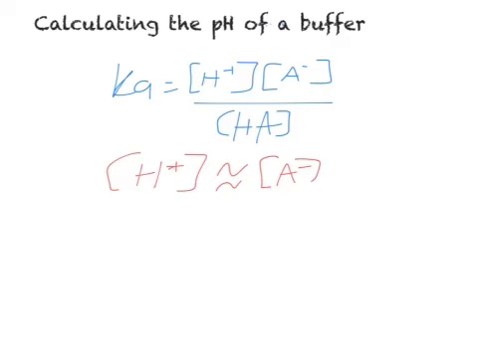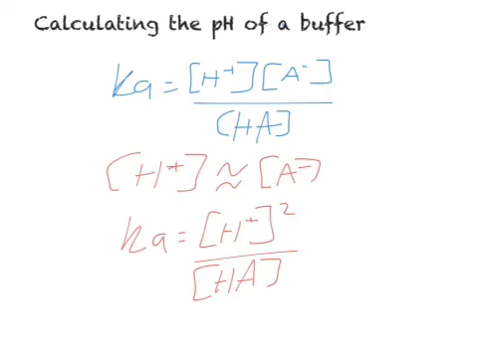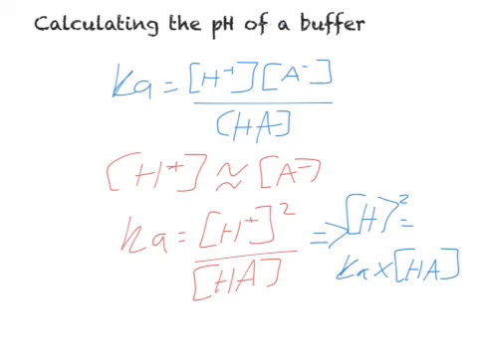And so we could simplify this to Ka equaling the hydrogen ion concentration squared over HA. From this we could say that the concentration of the hydrogen ion squared is equal to Ka times the concentration of the weak acid. So then we could square root all of this to find the hydrogen ion concentration, and then find out the pH from negative log to the base 10 of the hydrogen ion concentration.